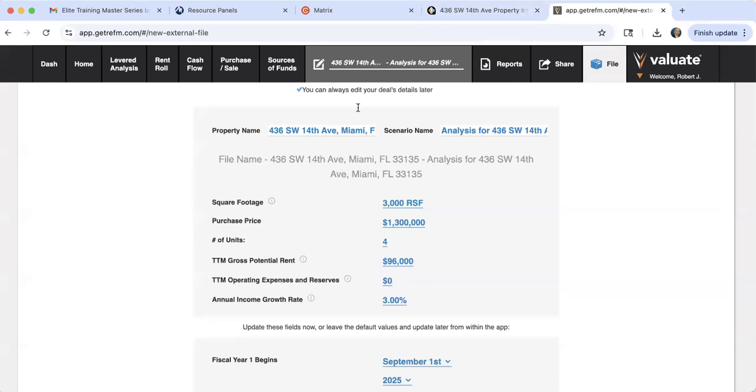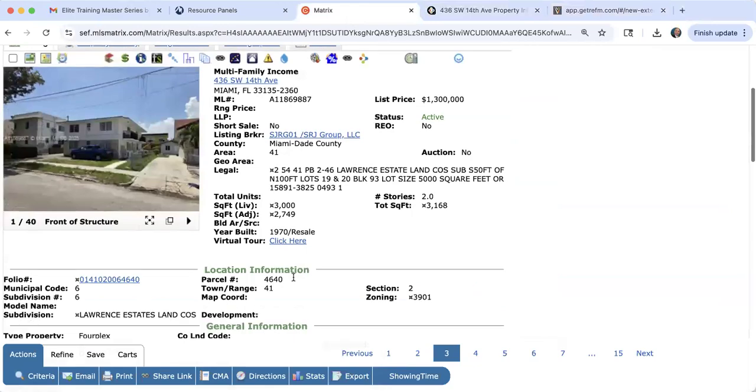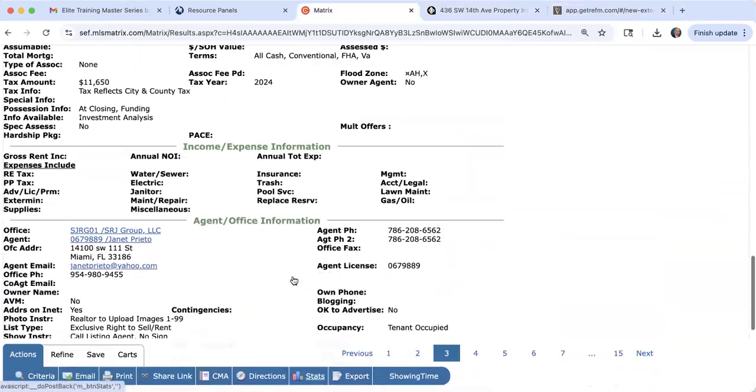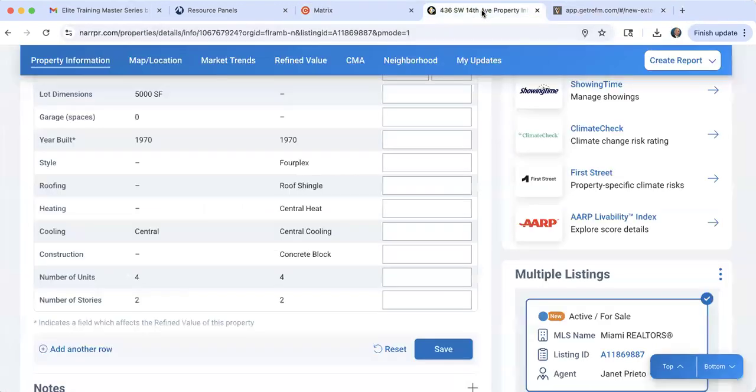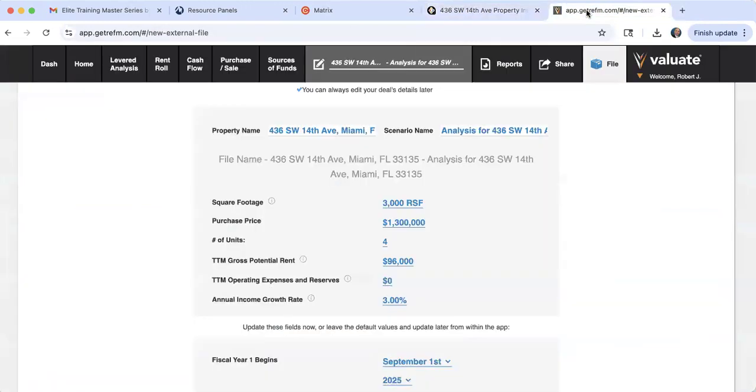Operating expenses and reserves, beginning with taxes. What are last year's taxes? Last year's taxes were almost $12,000, 11,650. So let's just round it off to 12,000. Insurance on a multifamily property like this is probably going to cost you somewhere around $8,000 to $10,000.